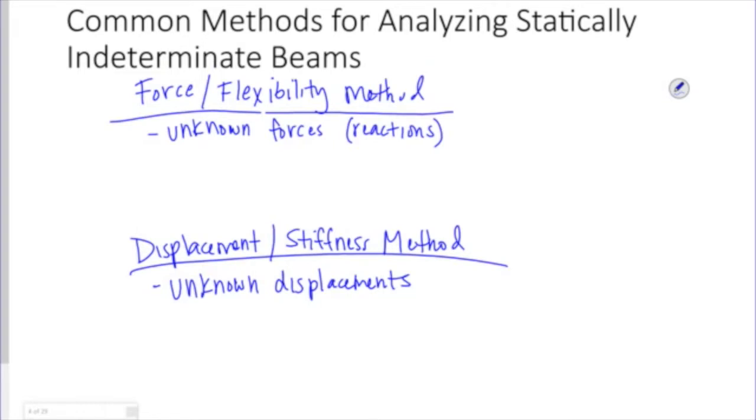So like within frames and stuff, like the tops of frames that might not be attached to the ground or attached laterally to something. So because of that, there's often a lot more unknowns with the stiffness method.